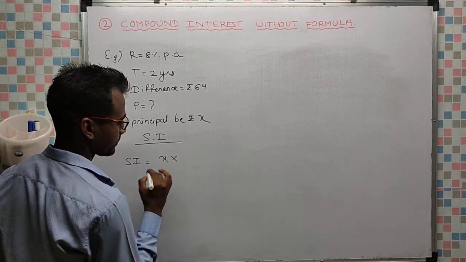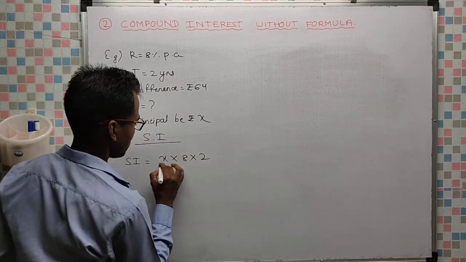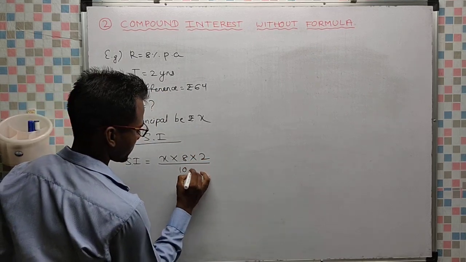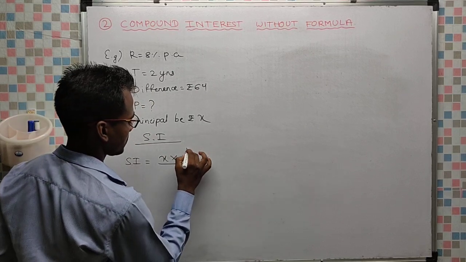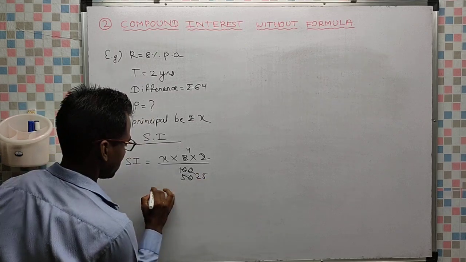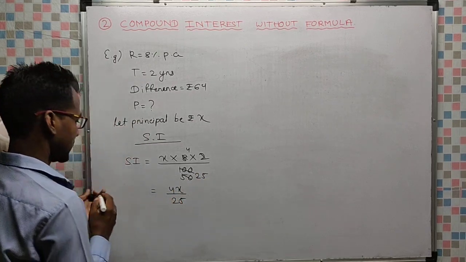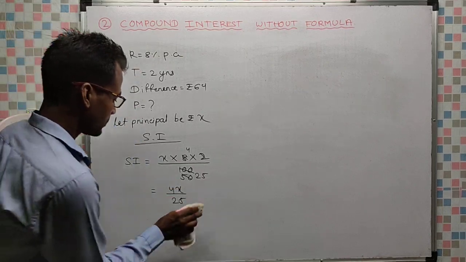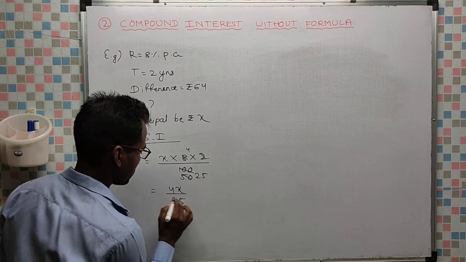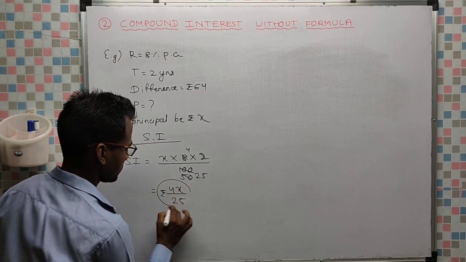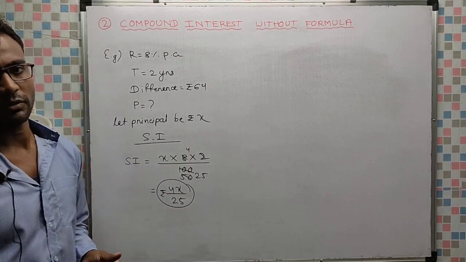Principal is X, rate is 8%, time is 2 years, by 100. So 4x by 25. We got simple interest for 2 years equal to 4x by 25.